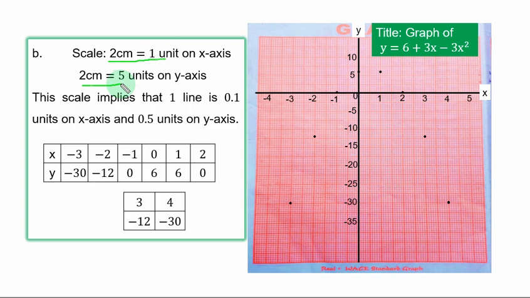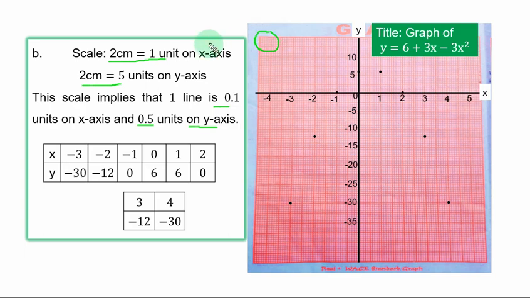This scale implies that one line is 0.1 units on x-axis and 0.5 units on y-axis. Okay, now this graph I'm using, you can see that each box contains 5 lines. So by default, the one box you are seeing now is 1 cm.